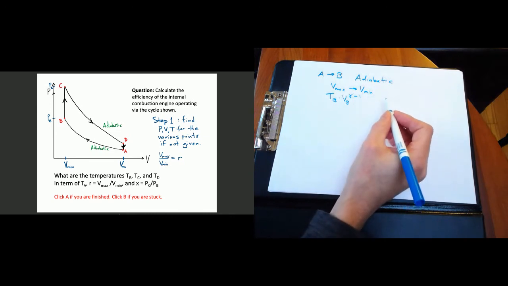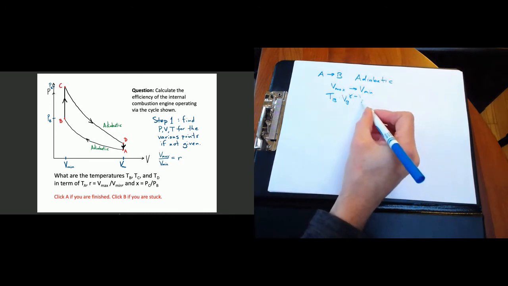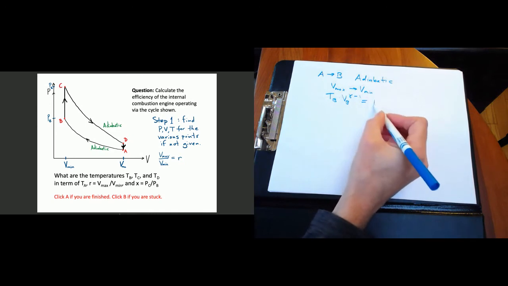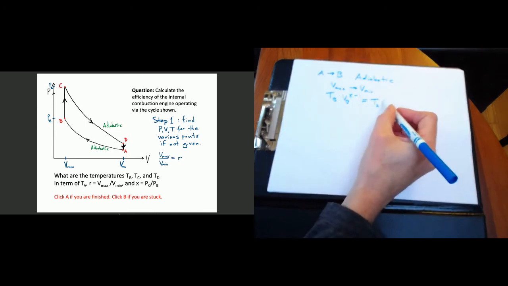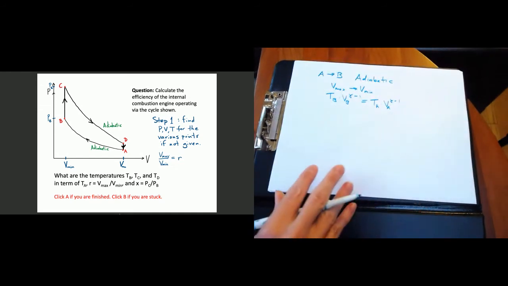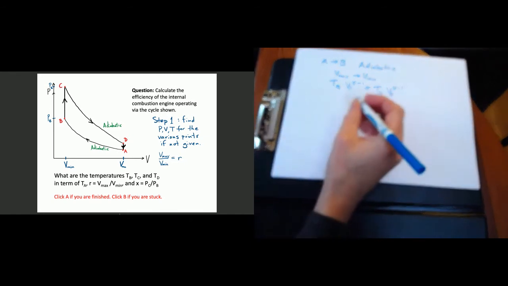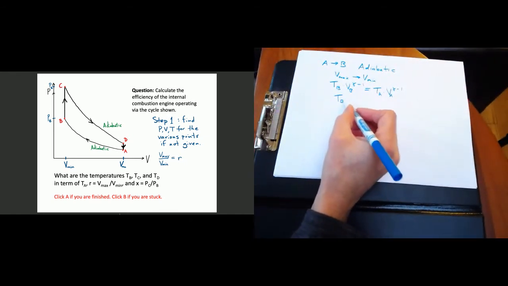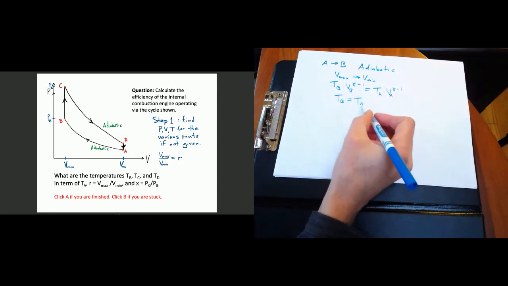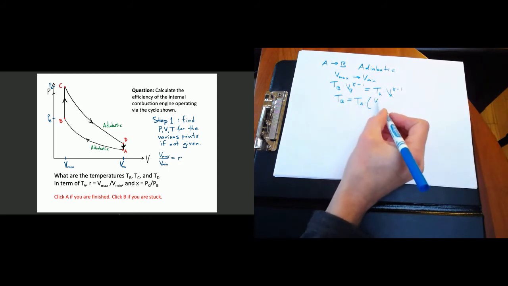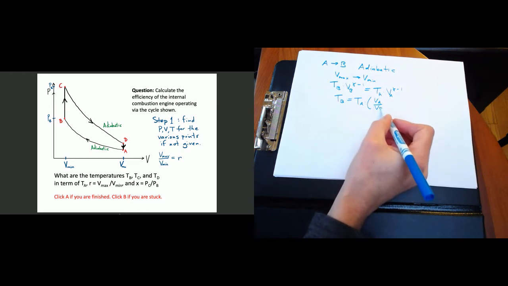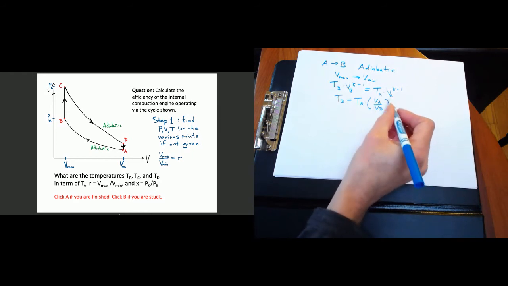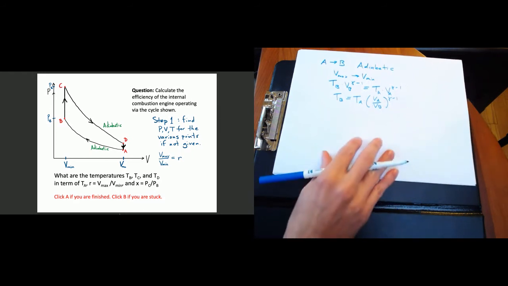And so in practice, the way we use that is to say that T times V to the gamma at the final configuration is equal to T times V to the gamma at the initial configuration. We can rearrange that in this situation to give that TB is equal to TA times VA over VB to the gamma minus 1.